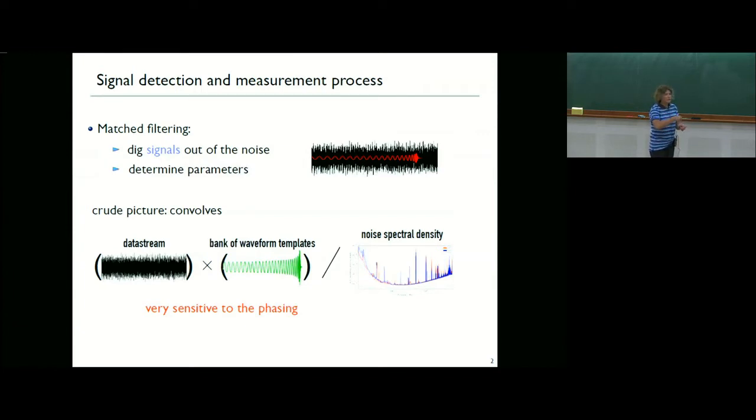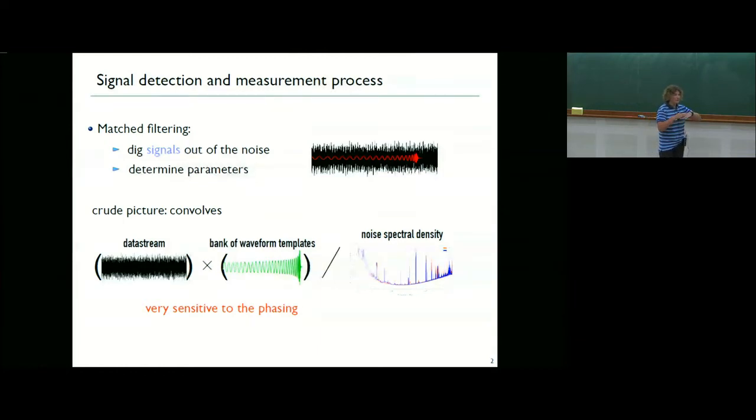So if you have a model waveform that matches this chirp, it's like doing a Fourier transform. You filter against what's in the data. So when your model matches exactly the signal, then you will get a peak in the signal to noise ratio. Because you're integrating over this entire signal, it's very sensitive to the dephasing.